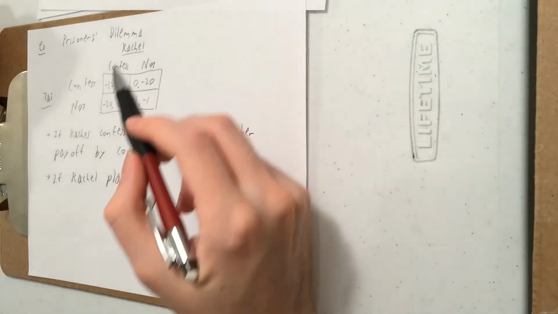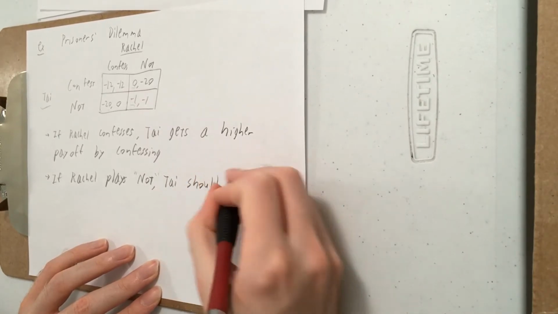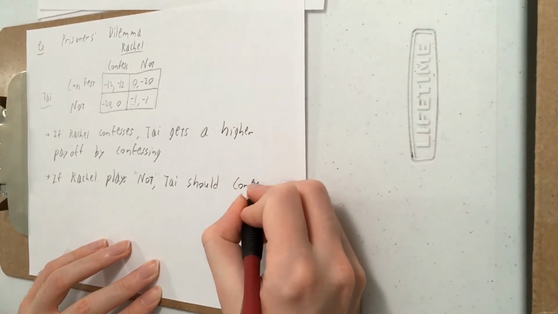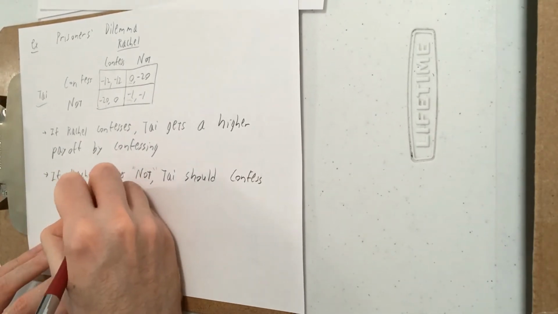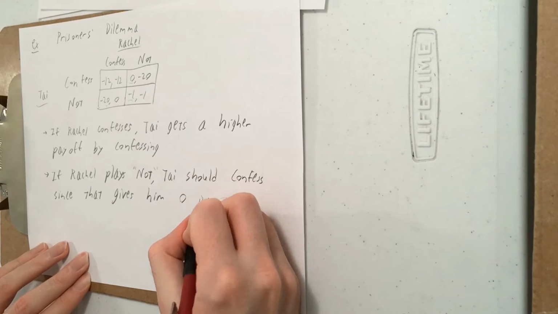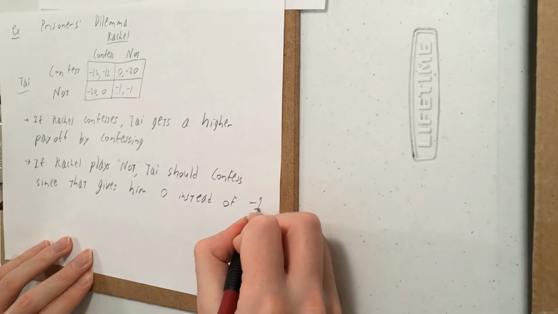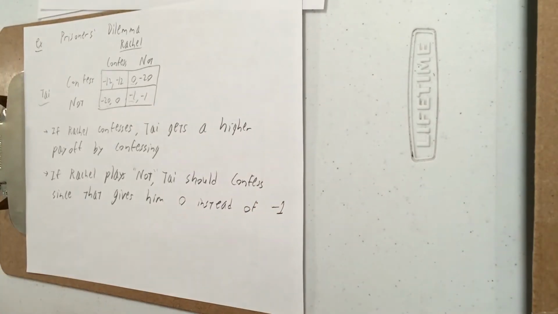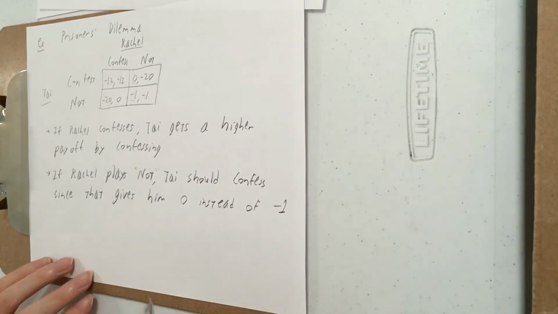That means that Ty is better off confessing. So as you can see, regardless of what Rachel does, either way, Ty should confess.